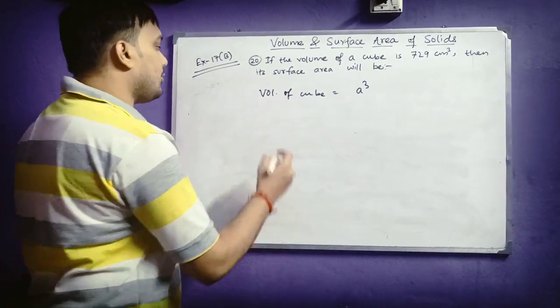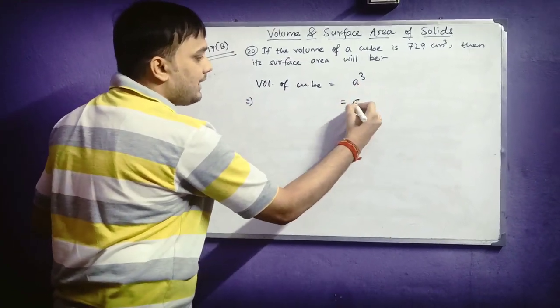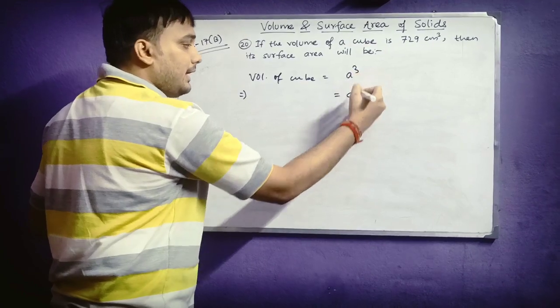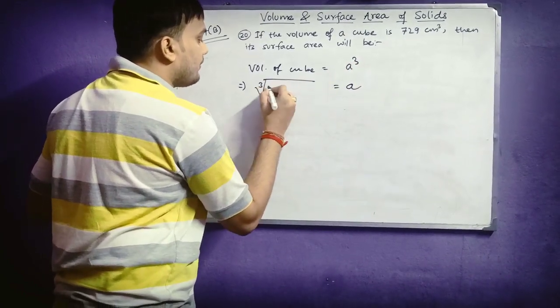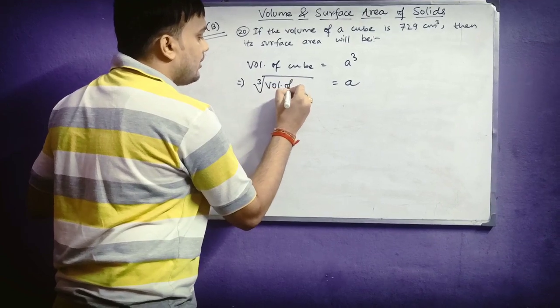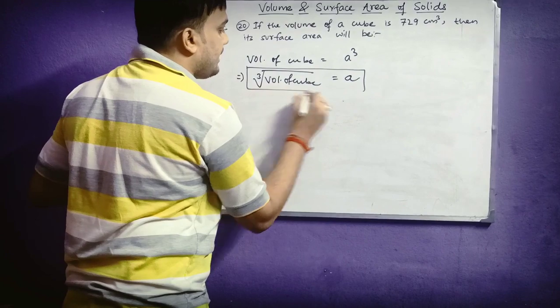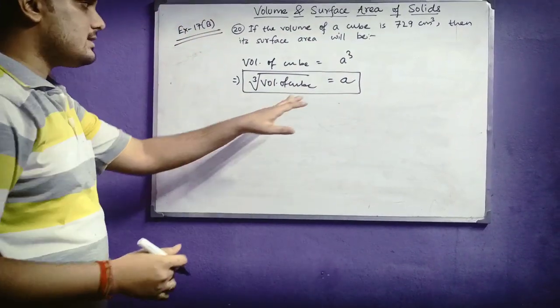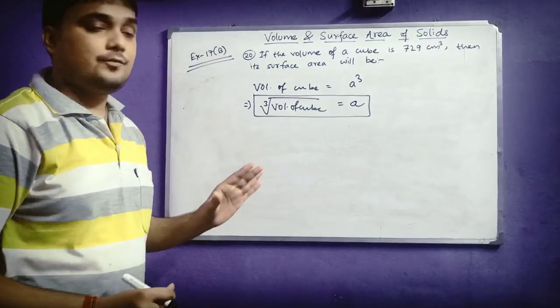If I want to find a from a cube, there will be a cube root of the volume of the cube. That means this is the main formula we will apply to solve this question: the edge of the cube is equal to the cube root of volume.